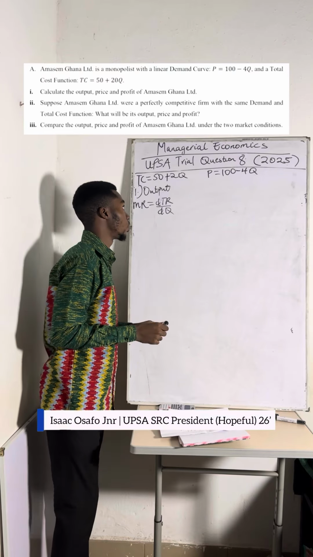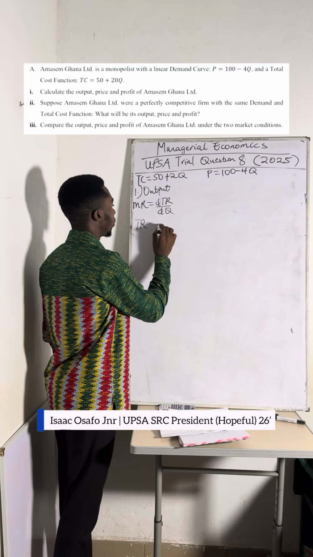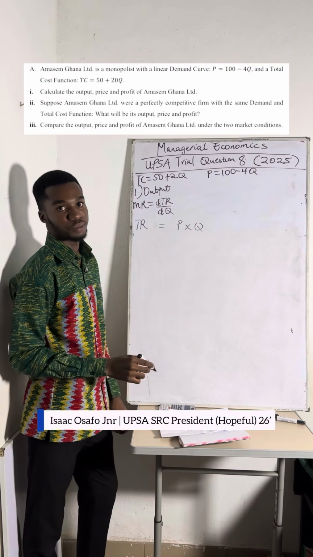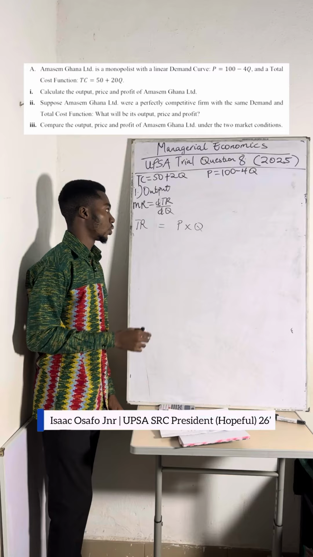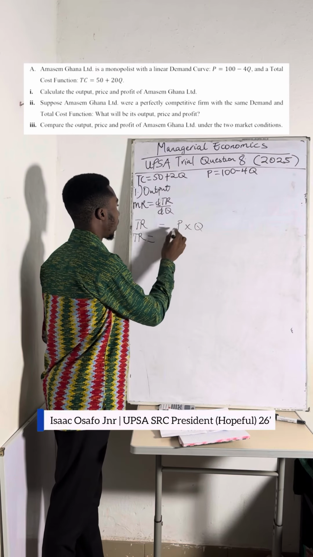Do you get it? So now we know that total revenue is equal to price times quantity. So it means our total revenue will be equal to our price.